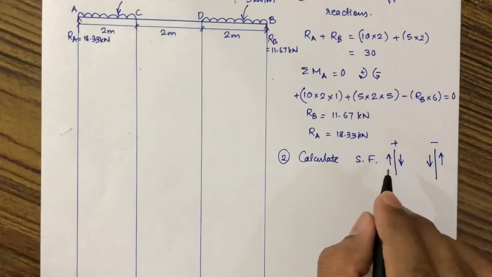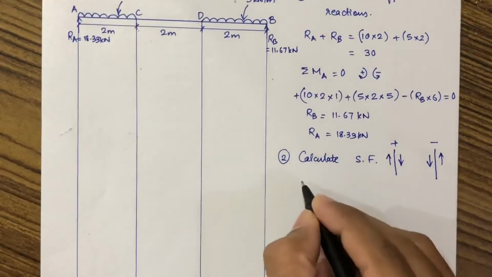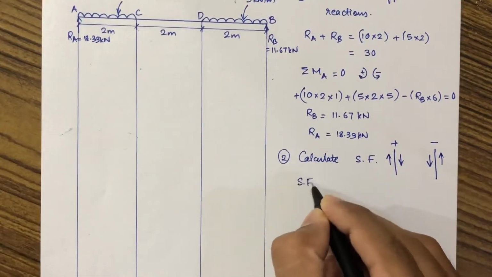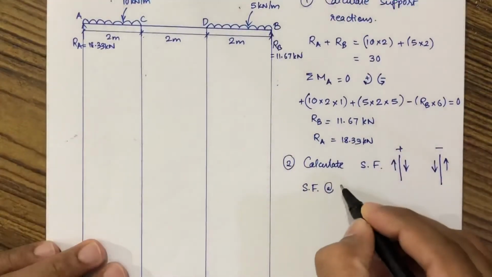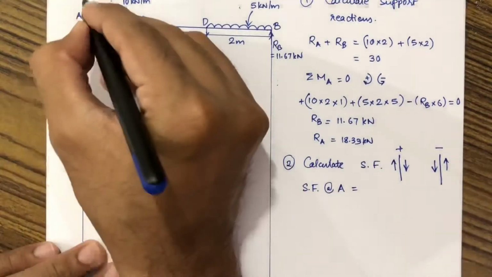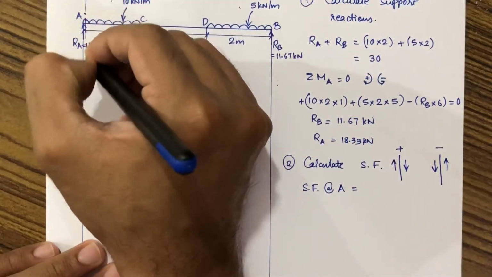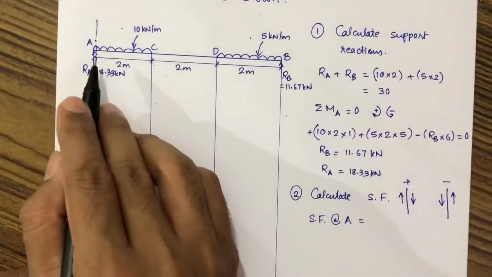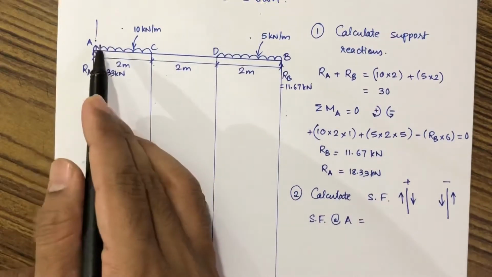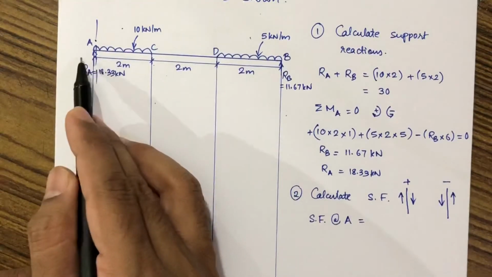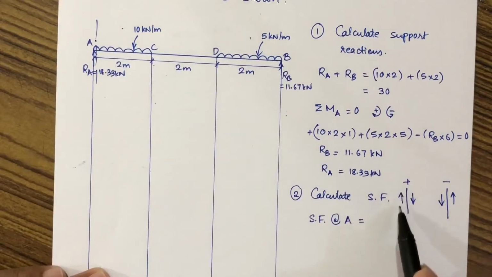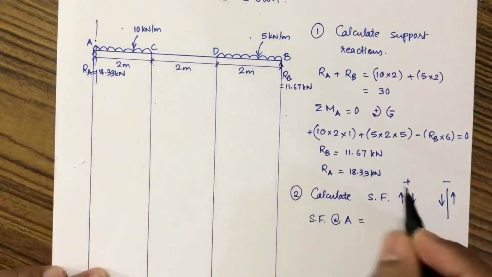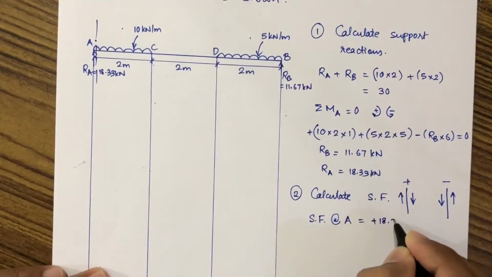So based on these sign conventions, we have to calculate the shear force at each point. So first, shear force at point A. Now we will consider a section like this just next to point A. So this force is to the left of this section and it is moving upwards. So to the left of the section moving upwards, it has to be taken plus. So this will be plus 18.33 kilonewton.